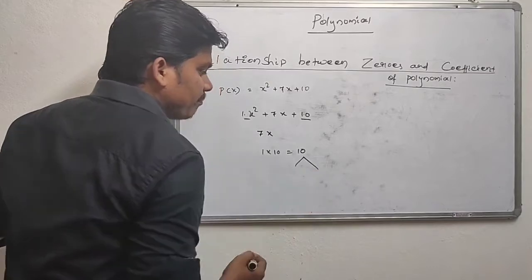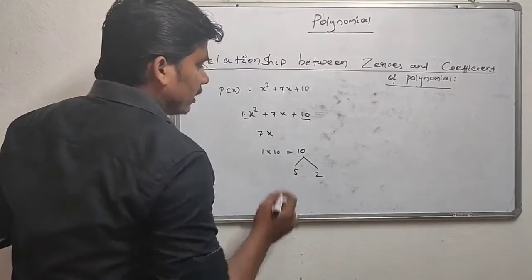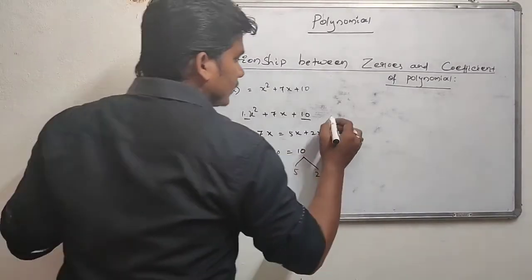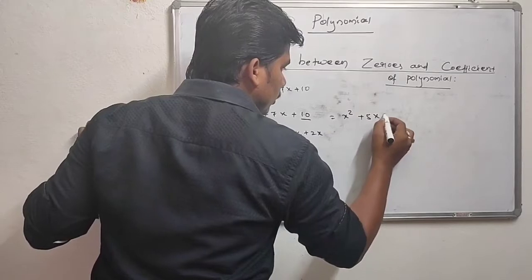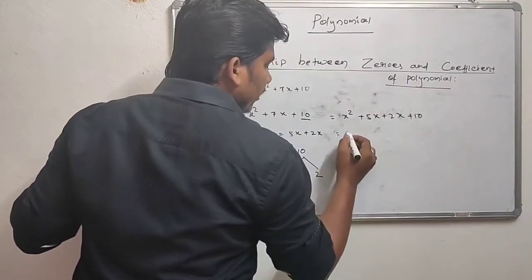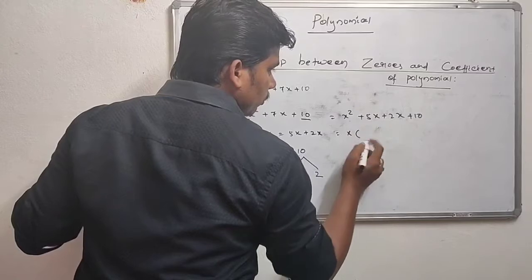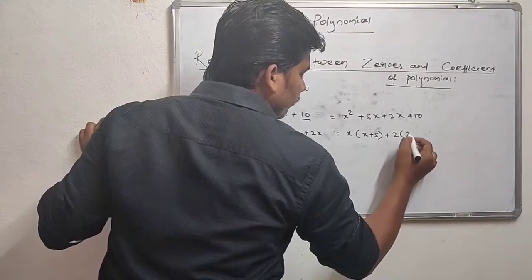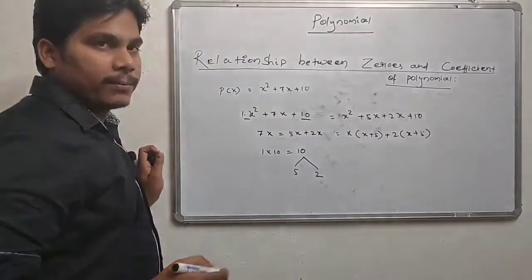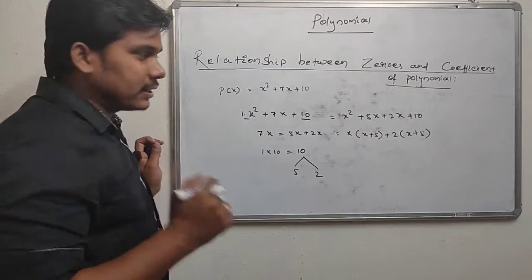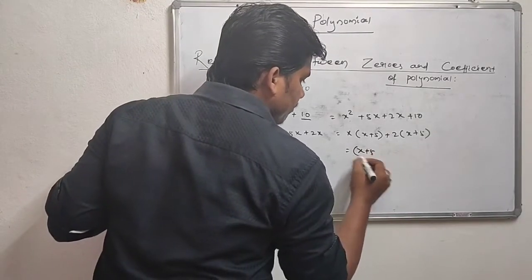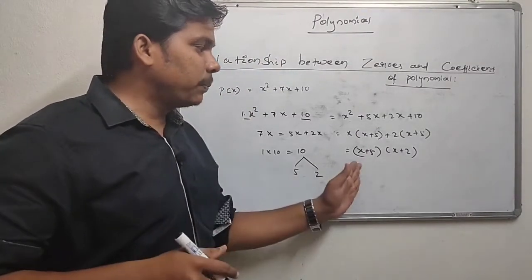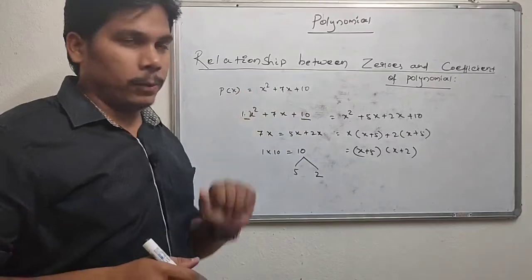If we split this 7 into two parts, 5 and 2, then this will be x square plus 5x plus 2x plus 10. If you take x as common in the first two terms, this will be x plus 5. If you take 2 as common in the other two, we get x plus 5 as common, and the remaining factor is x plus 2. Now we can understand x plus 5 and x plus 2 are the factors of this polynomial.